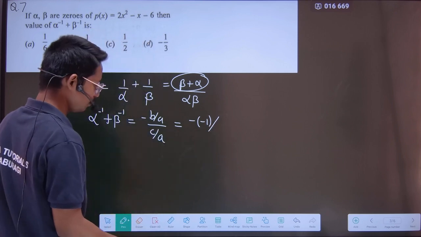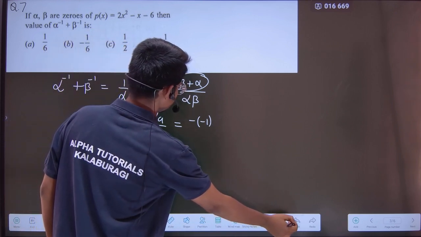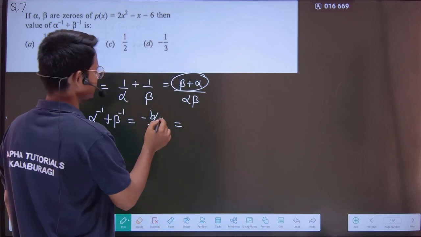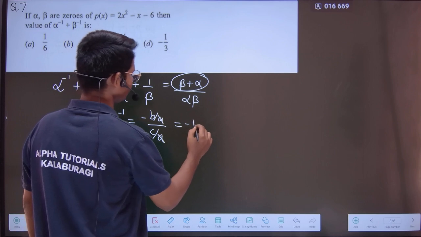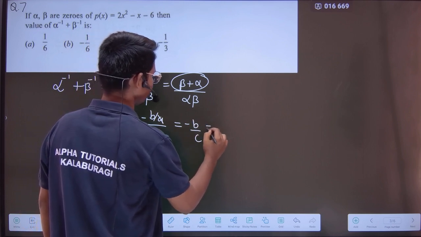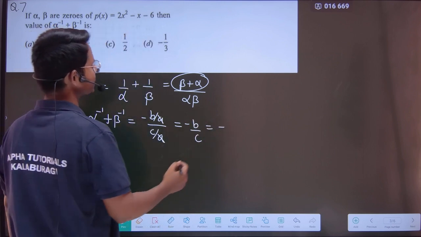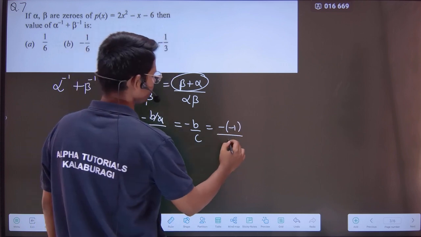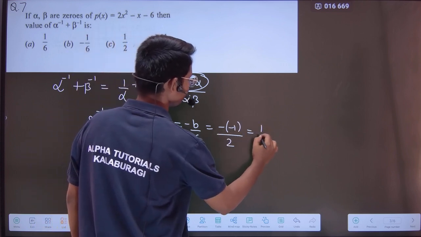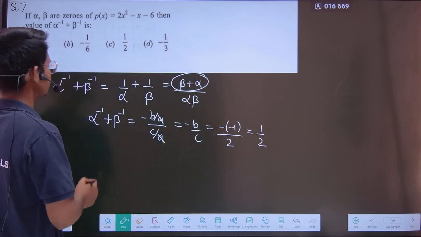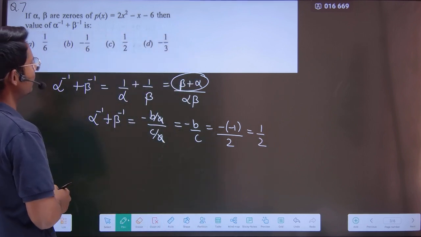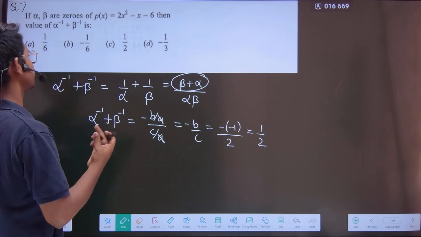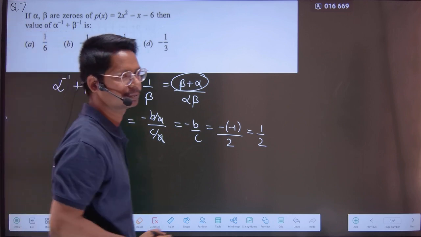Instead of that, we will cancel a and a, so you'll get minus b by c, minus as it is. Now b value is minus 1 and c value is 2. So minus into minus is plus 1 by 2. So the value of this is going to be 1 by 2. It is option C.